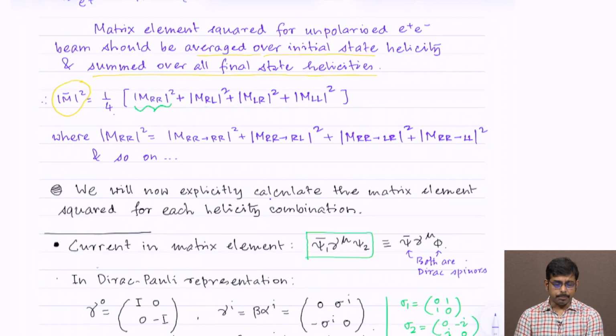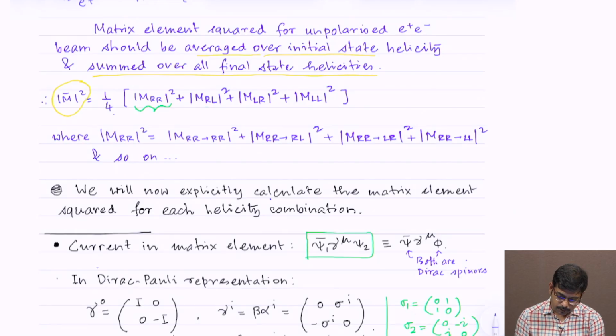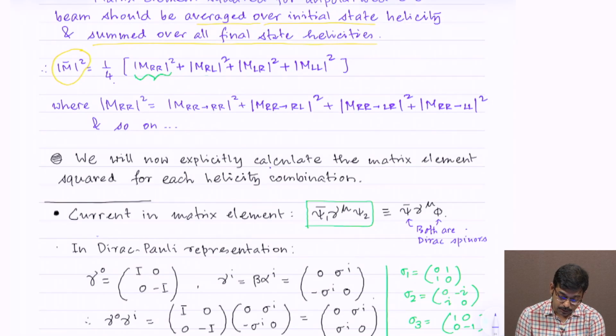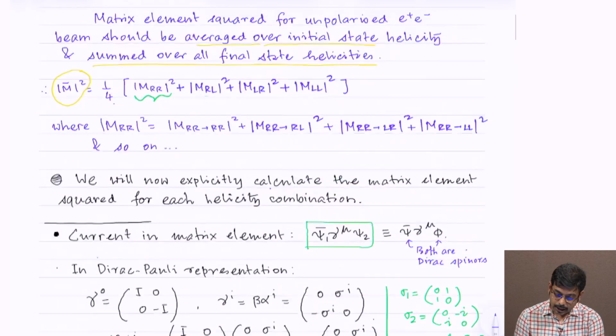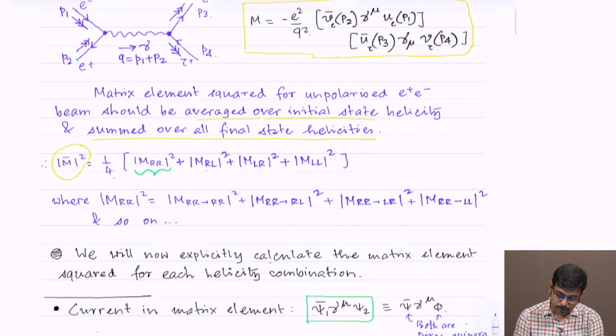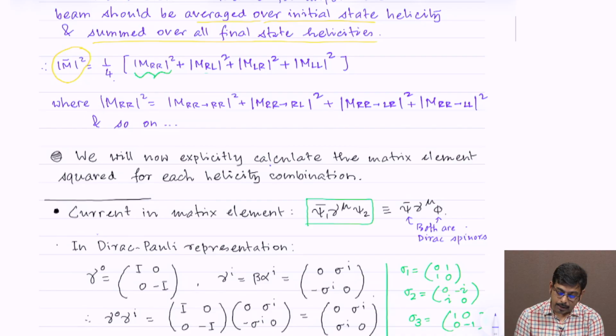Now, as I promised, today I am not going to use the trace technology that I used for the trace of gamma mu, gamma 5, etc., in the last lecture to calculate the cross section, but today we are going to do the calculation using the helicity combination. So, the current that we have in the matrix element is of the form psi 1 bar gamma mu psi 2.